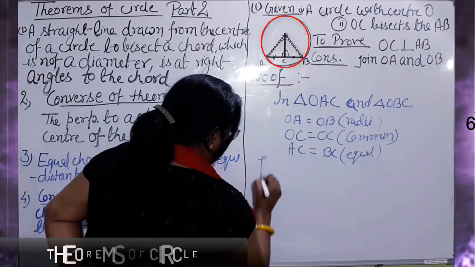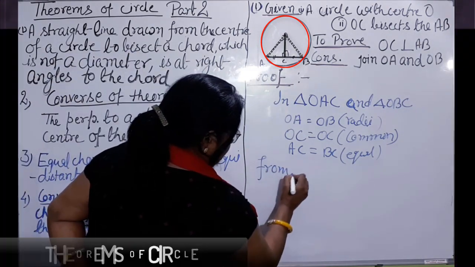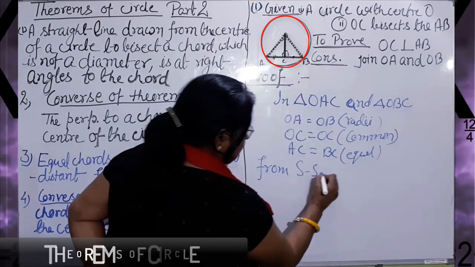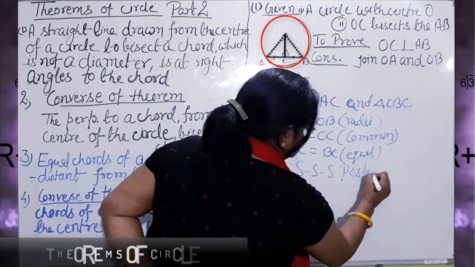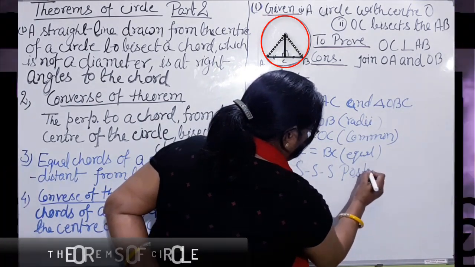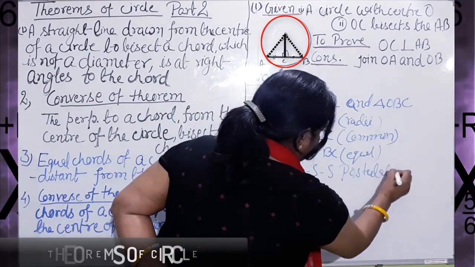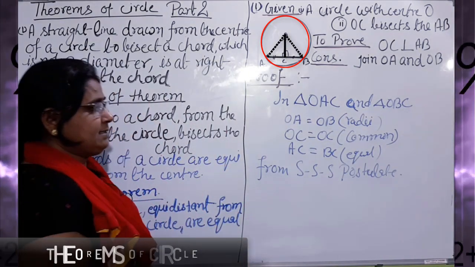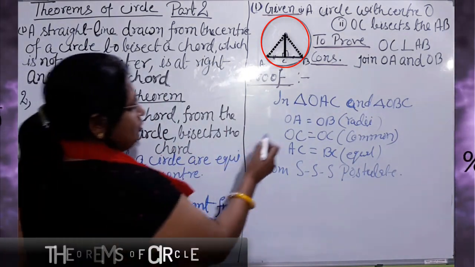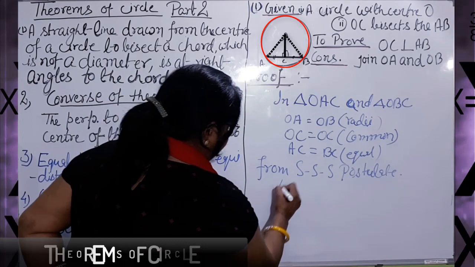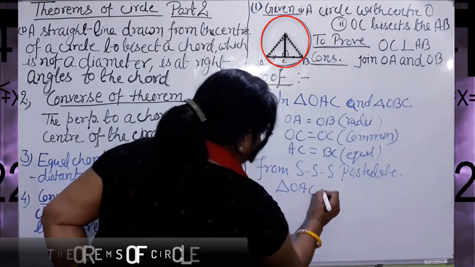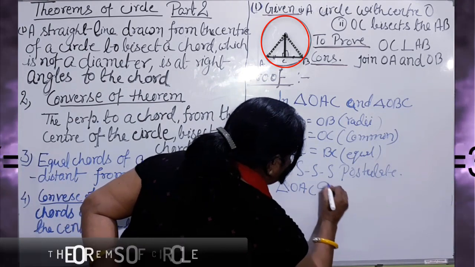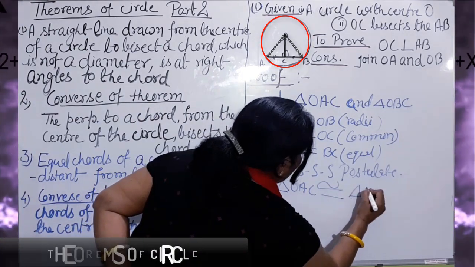Now from which property? From the SSS postulate, both triangles are congruent. Triangle OAC is congruent to triangle OBC.